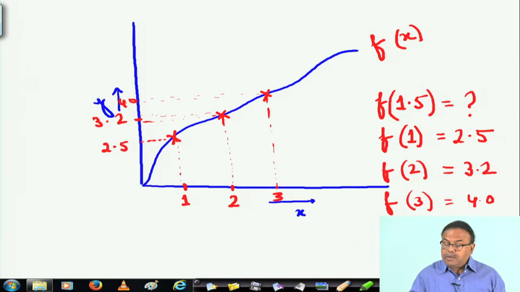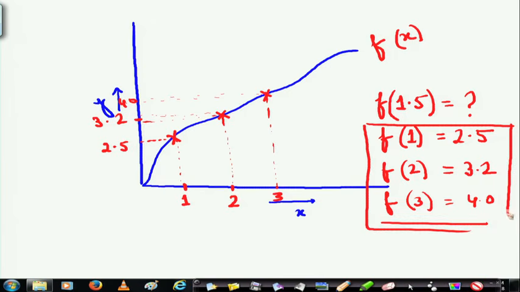But this part is known to me. Given this known part, can I find out what are the intermediate values for f of 1.5, f of 1.3, 2.5, 2.6? Can I find that out? That is the task of interpolation.